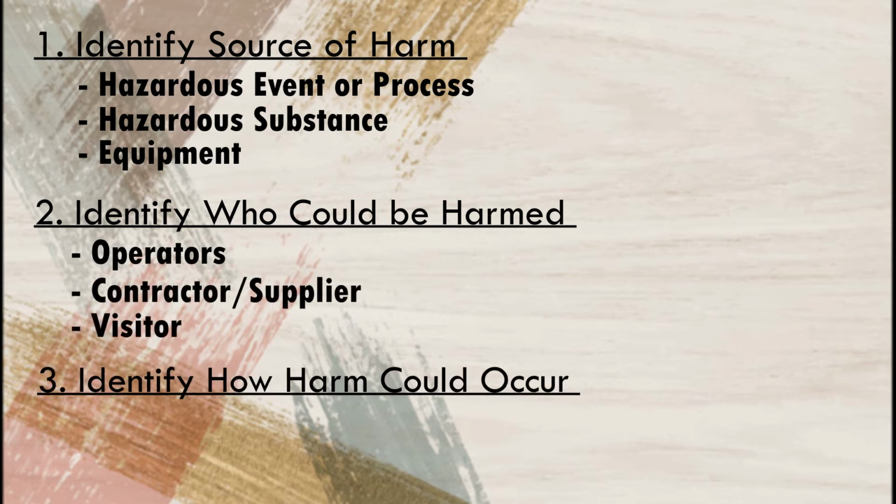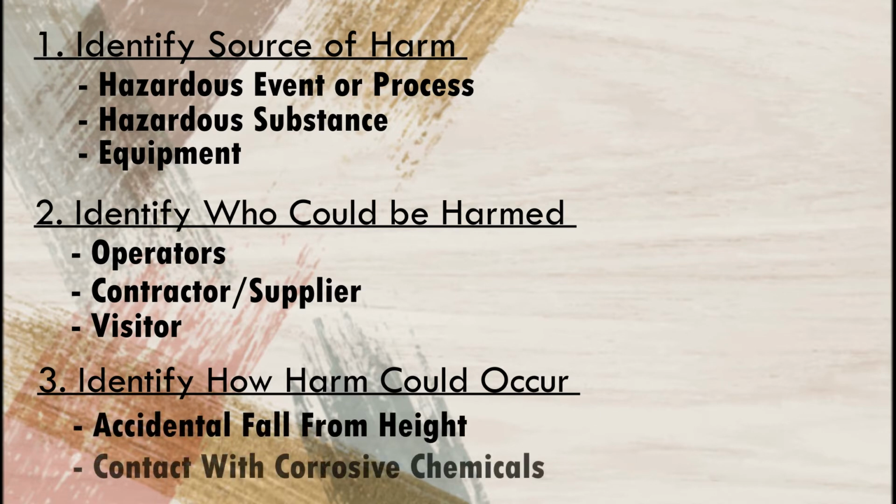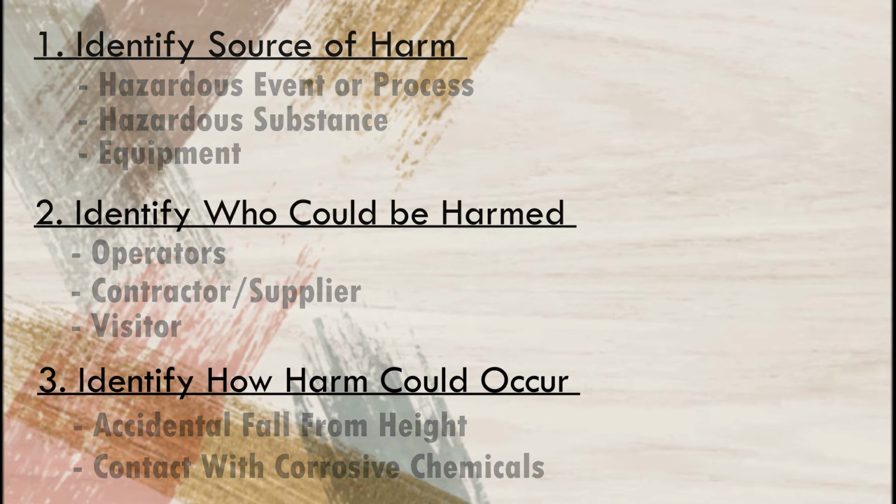And the third step is to identify how harm could occur: accidental fall from height, contact with corrosive elements. Accidental fall from height or contact with corrosive chemicals are just examples. You can identify harms in your own organization.